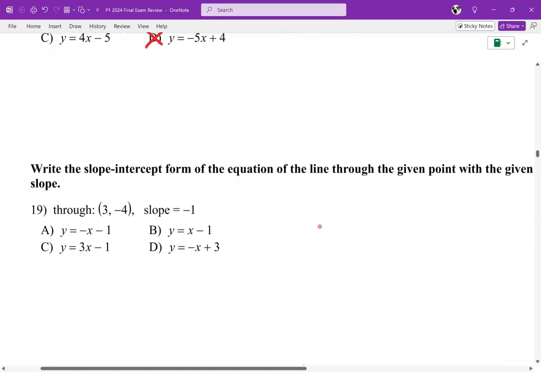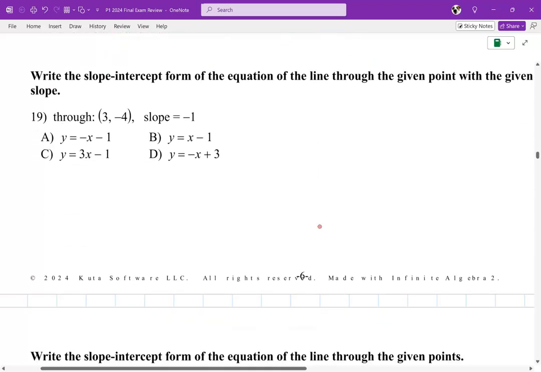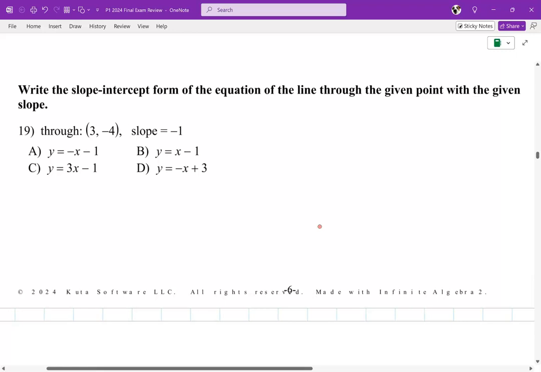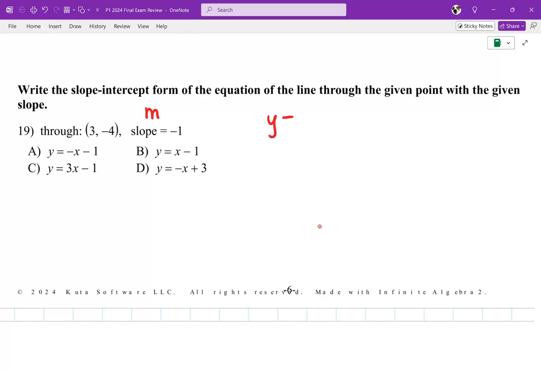So, all right, let's do one more here before we get to 20. This one says, write the slope-intercept form of the equation of the line through the given point with the given slope. So, they gave me m, they didn't give me b, so I've got to find b. But I'm still going to use this equation. Again, they gave me m, and they gave me a point, that's x, y. So let me plug that in. That's negative 4 equal to negative 1 times x, which is 3, plus b.